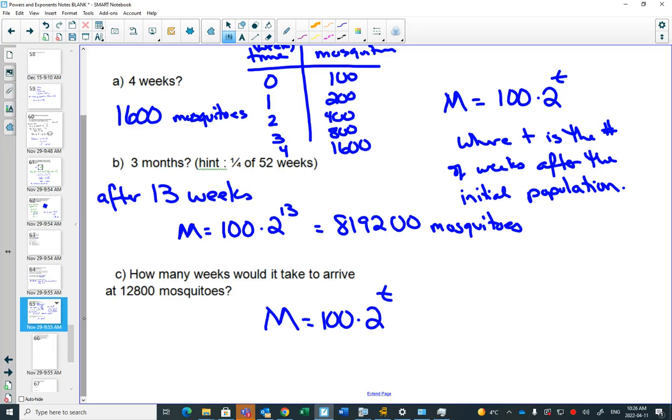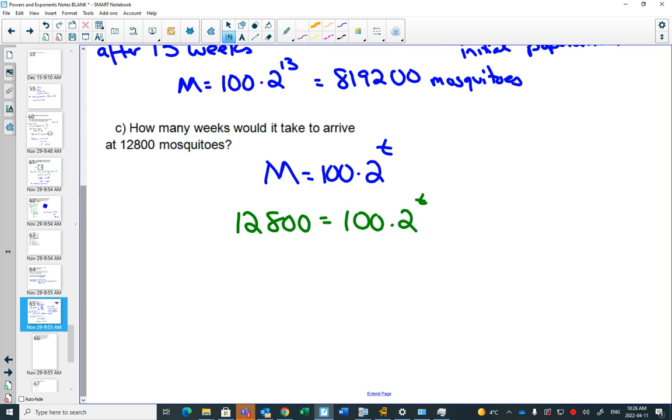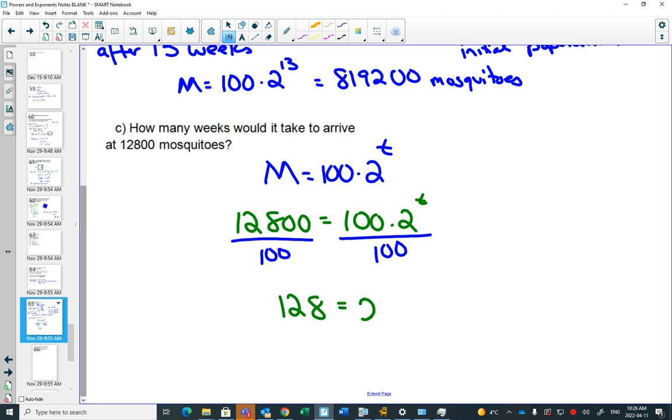Would we plug it in for the M or for the T? Yes, 12,800 equals 100 times 2 to the T. We divide both sides by 100. And we would get 128 equals 2 to the exponent of T. Now you're going to have to do a little bit of guessing and checking.